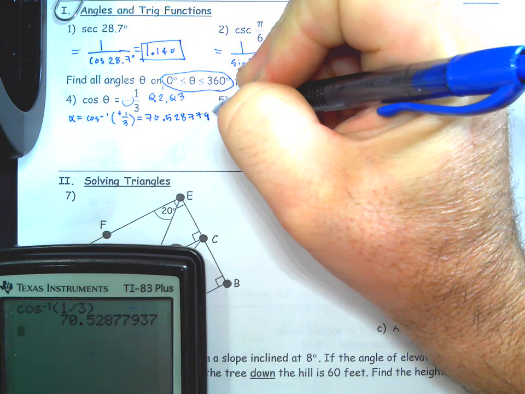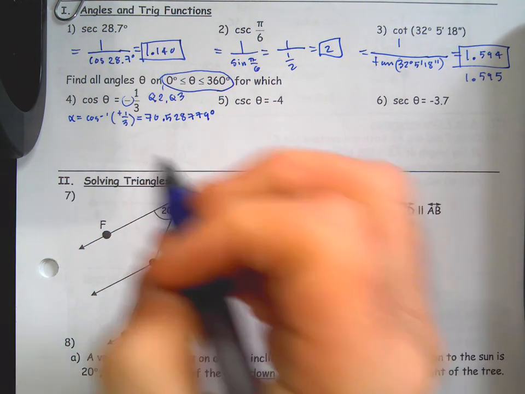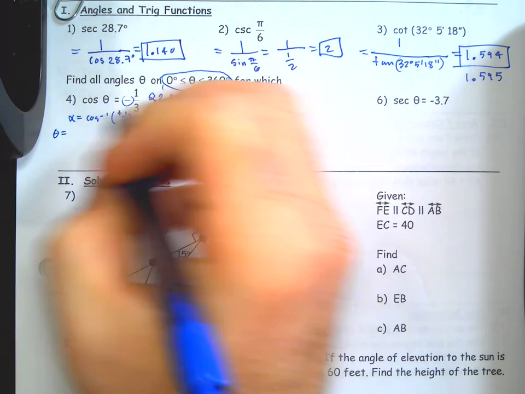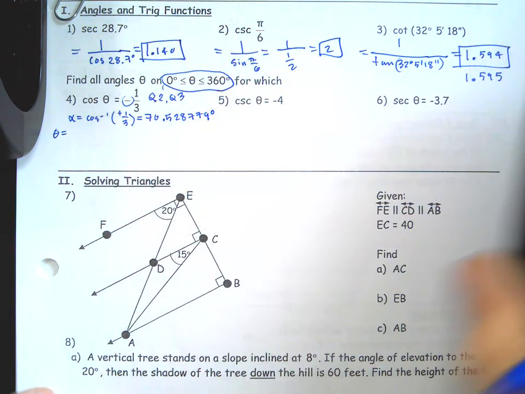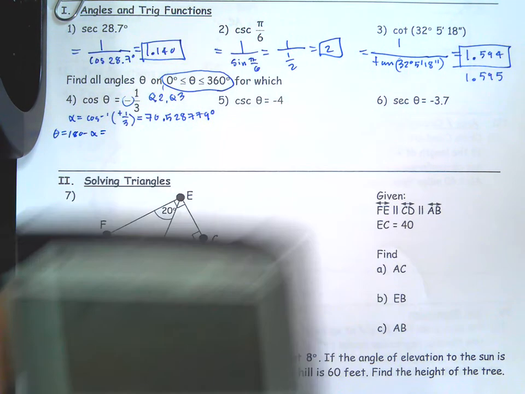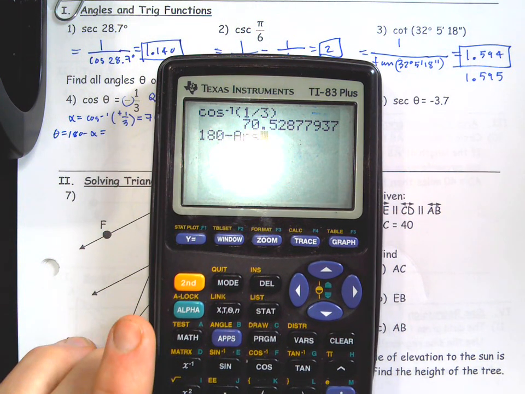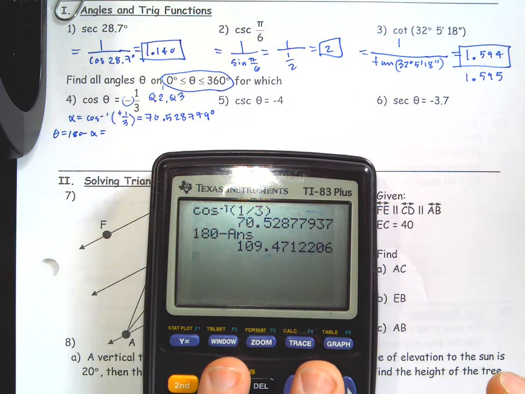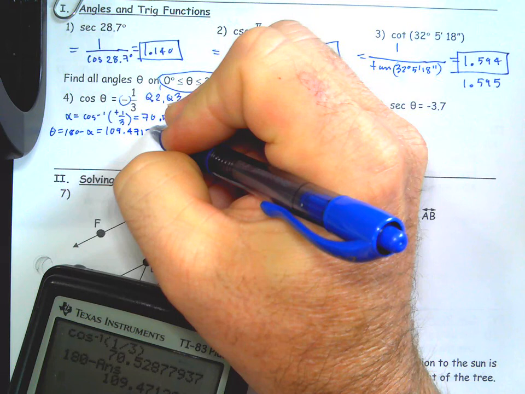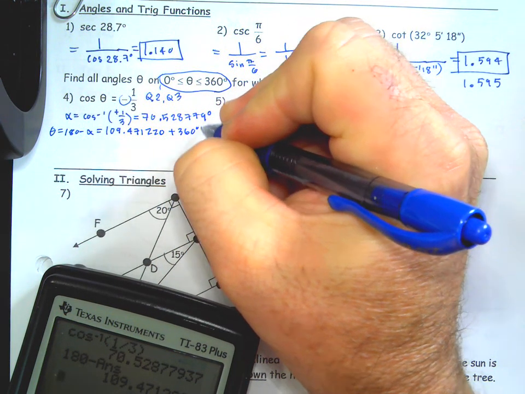70.528779 degrees. So to find the different answers, theta equals quadrant 2 is going to be 180 minus alpha. So 180 minus the previous answer. So it's going to be 109.471220 plus 360k.